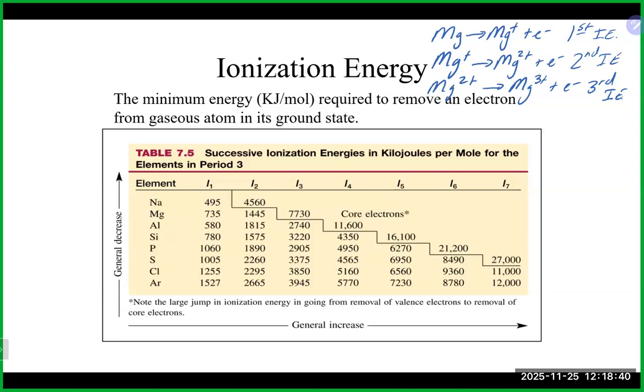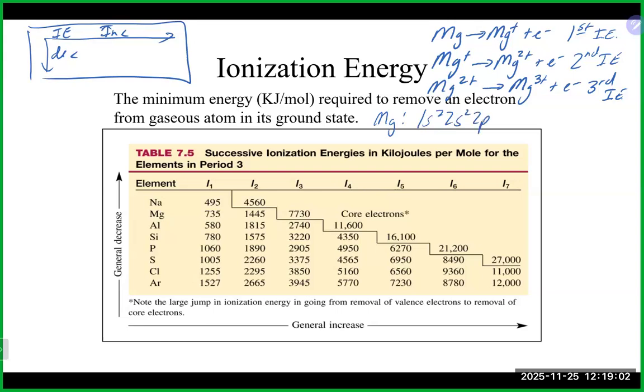In general, on the periodic table, the first ionization energy increases as you go up to the right and decreases as you go downward. If we take a look at magnesium in terms of its electron configuration, 1s2, 2s2, 2p6, 3s2, these are the two valence electrons that it has, and these are our core electrons.